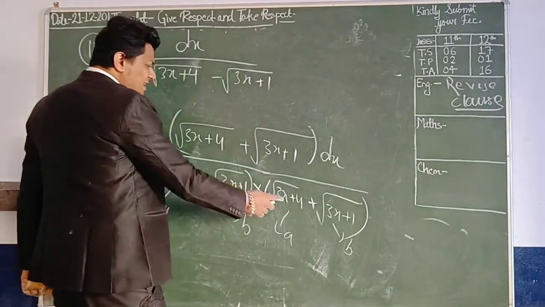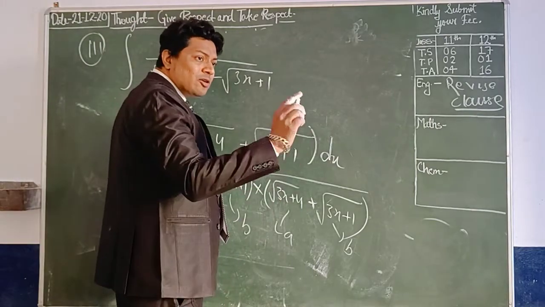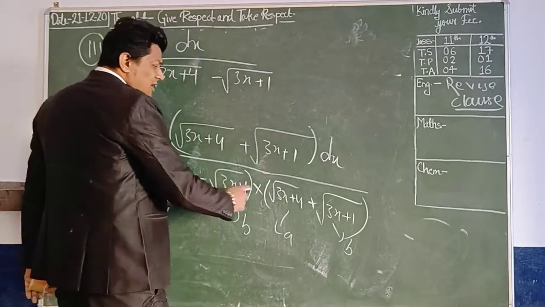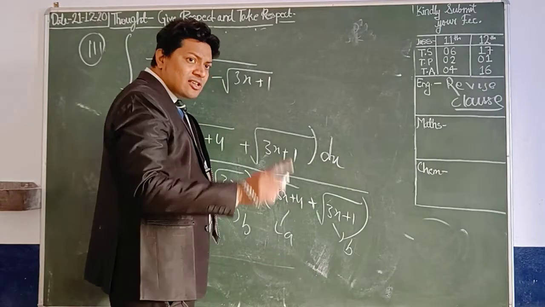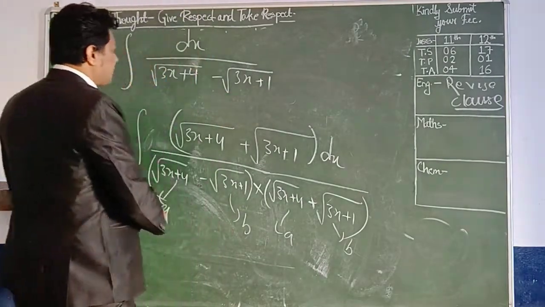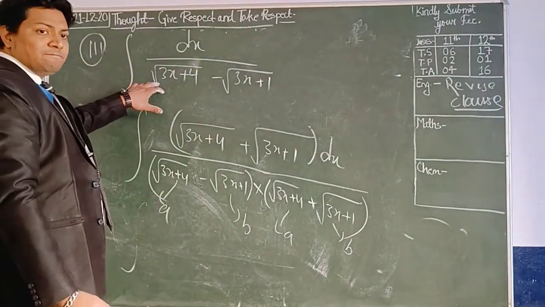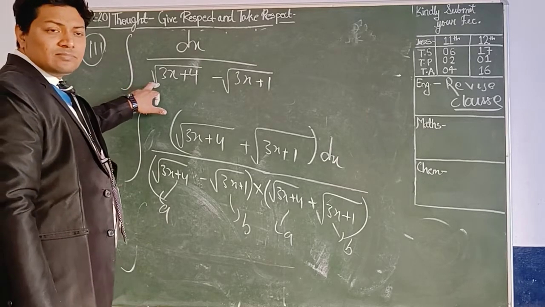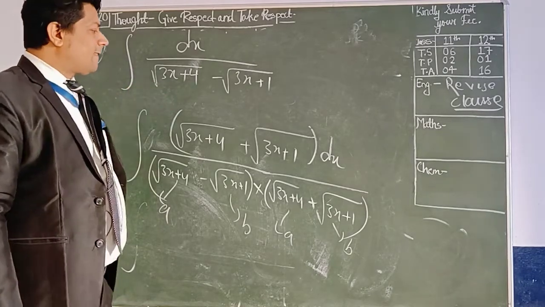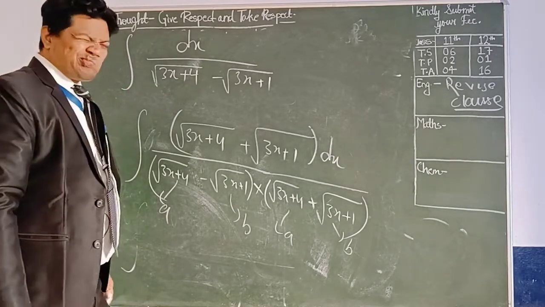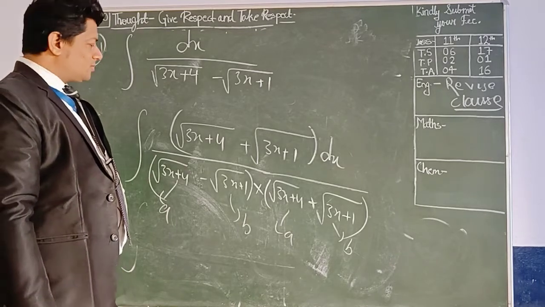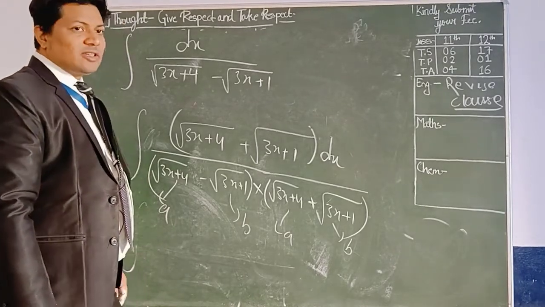When you take a square, the root will be over, and when you take b square, the root will be over. So a square minus b square. Is it clear? This one is completed.